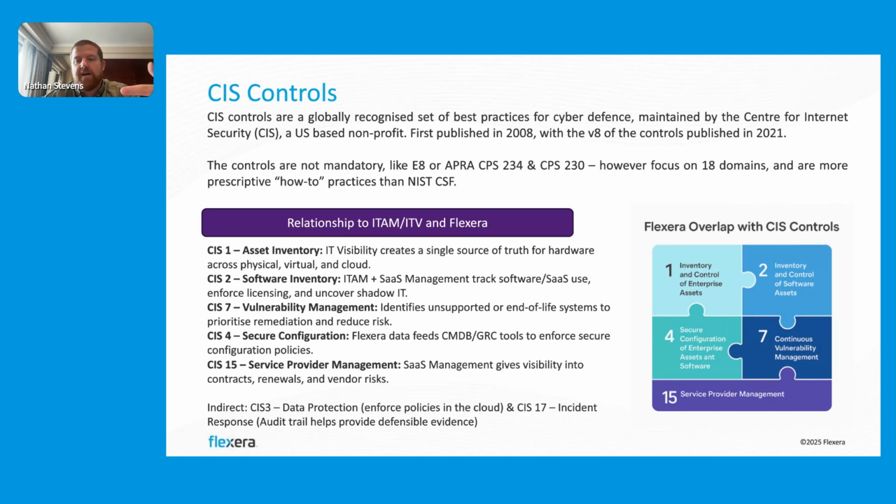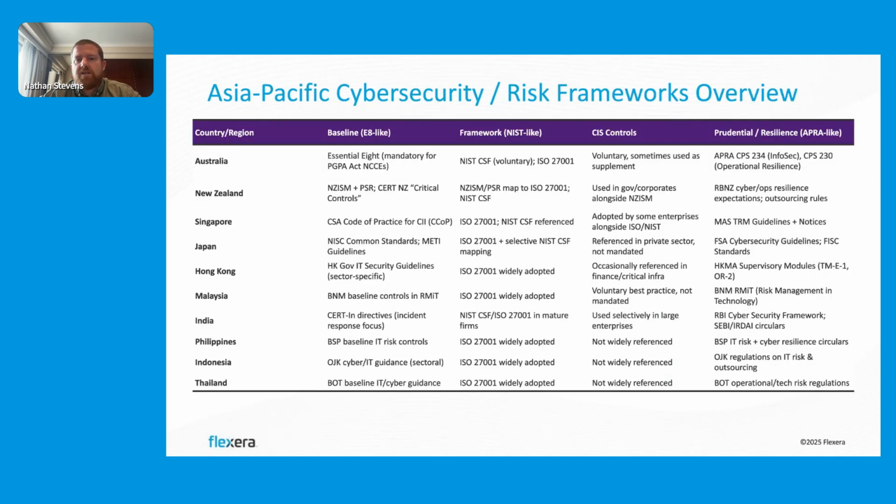Being able to have a list of software and hardware and details about those endpoints, and their supportability, helps provide defensible evidence. So that sums up the 4 particular controls that we're looking at today.